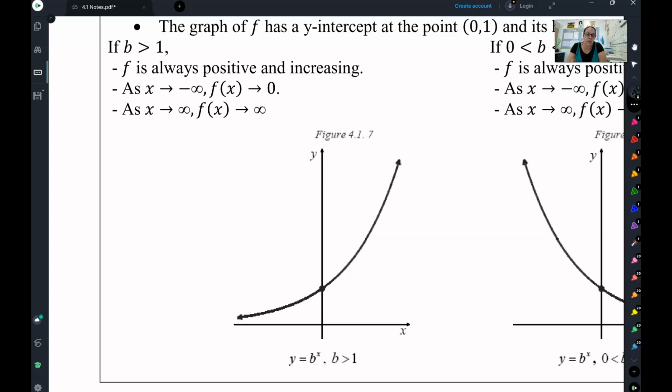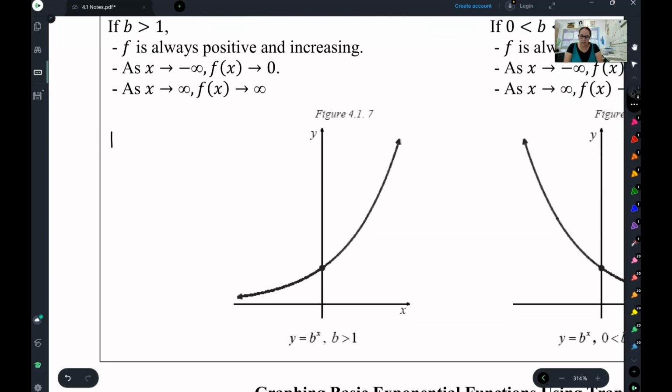Think of it as just another parent function that you need to know. And this graph has 3 key points on it that you need to memorize and know where they are. The first one is that there is an asymptote on the x-axis.